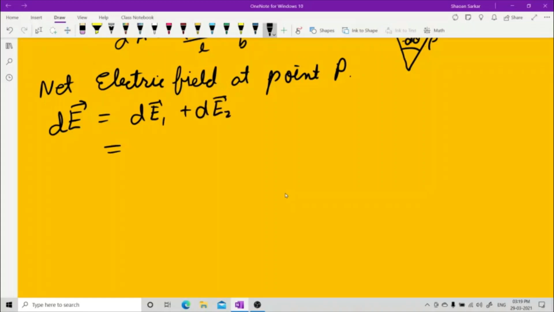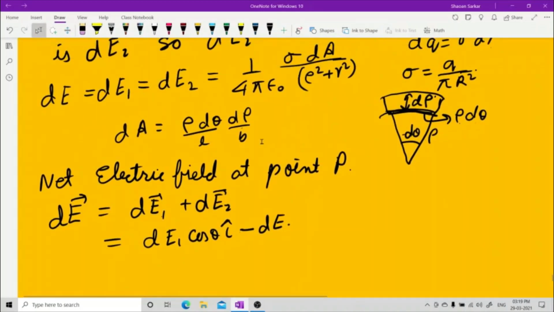What is dE1 vector? This is nothing but dE1 cos theta i, then minus dE1 sine theta j. Instead of writing dE1, let me write dE, because the scalar value is all the same.